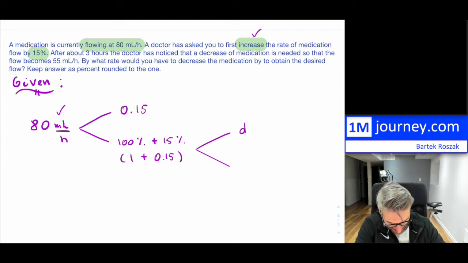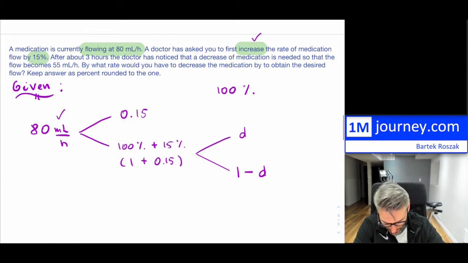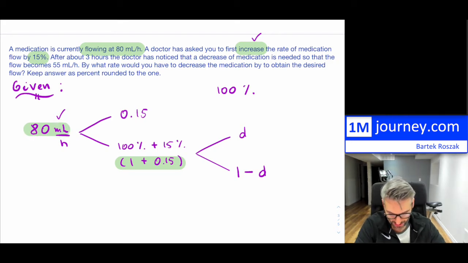I'll put the D, just to remind me that I'm working it out in decimal form. Because it's a decrease, it's going to be 1 minus D. The 1 minus D comes from the fact that we have 100% of whatever this would have come out to be after these two were multiplied, and then minus whatever we are decreasing it by.